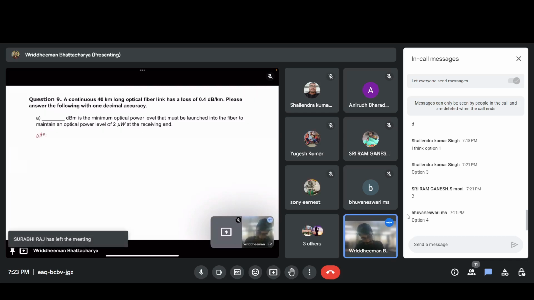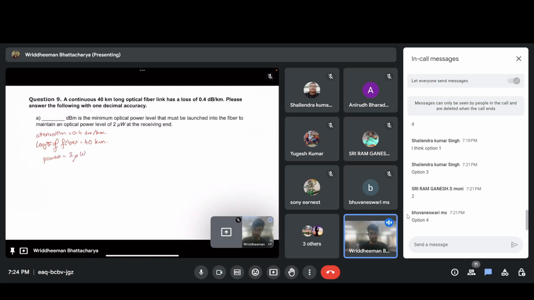So, the input power, and the power is given as 2 microwatt.